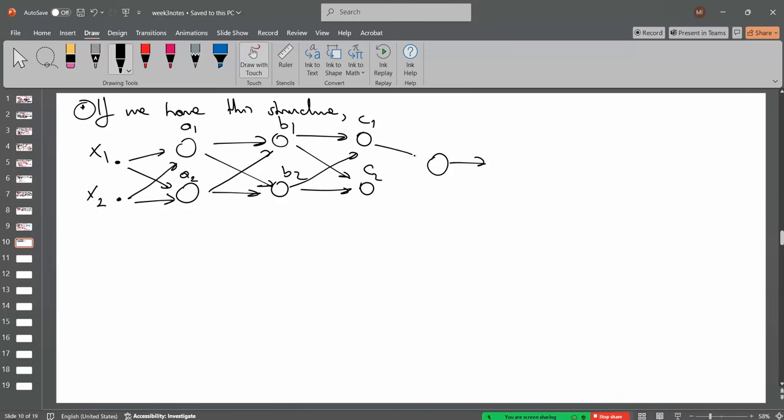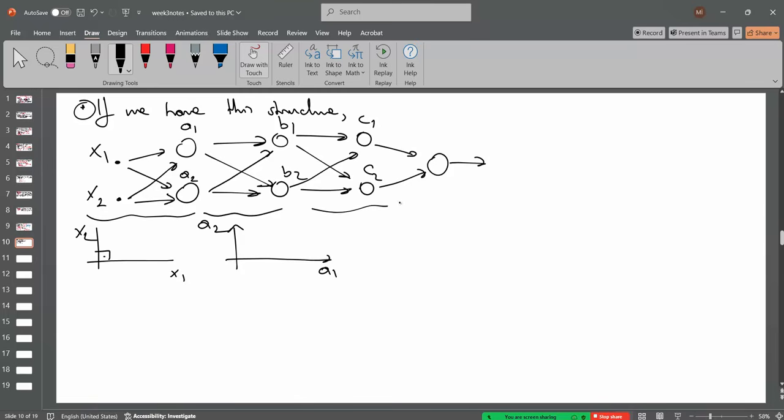Okay? And what is the geometrical representation of these terms? First of all, what is the input of the first layer? This is the x2 and x1, right? And what is this term? This is the a2 and a1. And what is this geometrical representation? c2 and c1. After that, the output y can be generated as 1 or 0 in here.